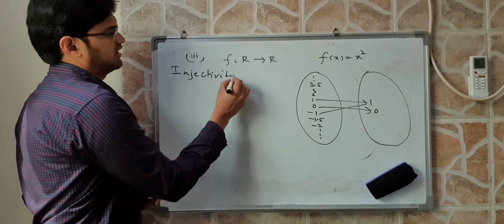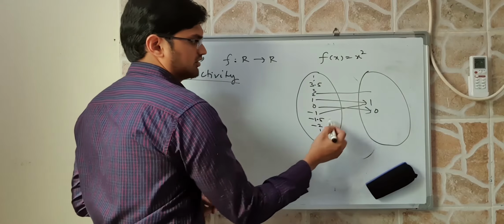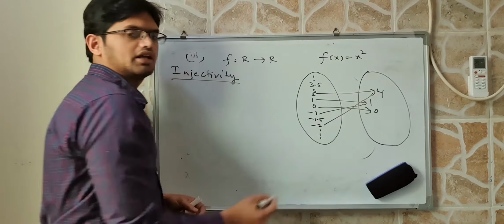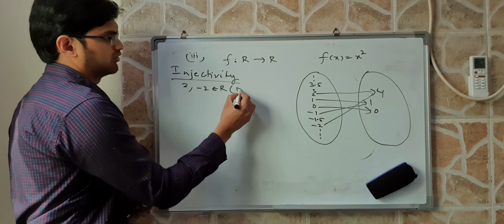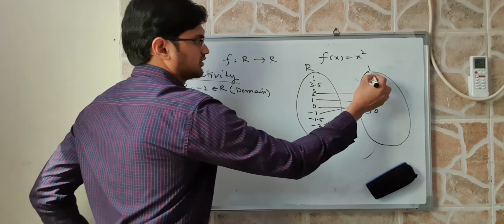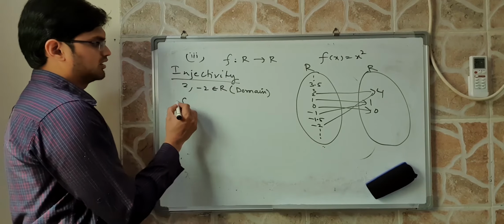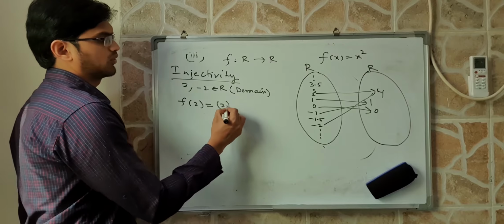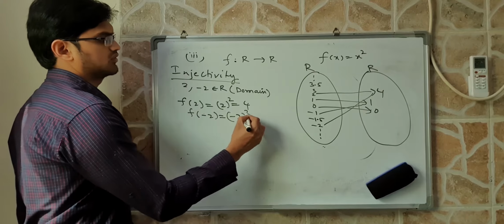So here also I'll select the same example for injectivity, that is I'll take 2, -2 belongs to R from the domain. Then what is f of 2? Again I can do 2 square, which is equal to 4, f of -2 is equal to -2 square, which is 4.